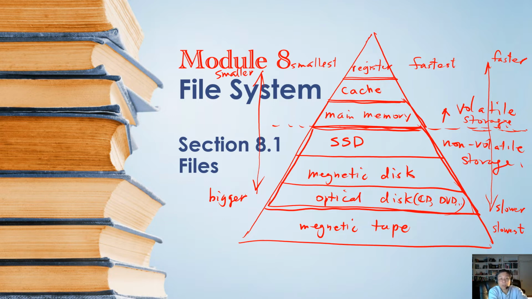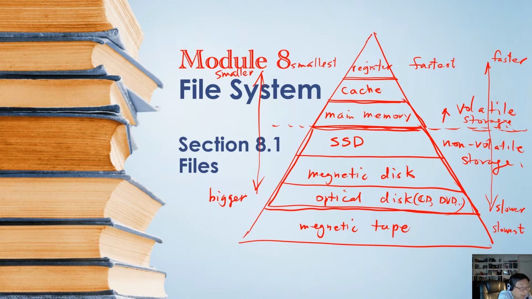The difference between these two is that volatile storage is going to lose its data when you turn off the power. But with non-volatile storage, you can turn off the power and the data is still stored. When you turn the power back on, the data stored in the non-volatile storage is still there, like SSD, magnetic disk, the hard disk. So you can copy a file into the hard disk, and you're never going to lose the data.